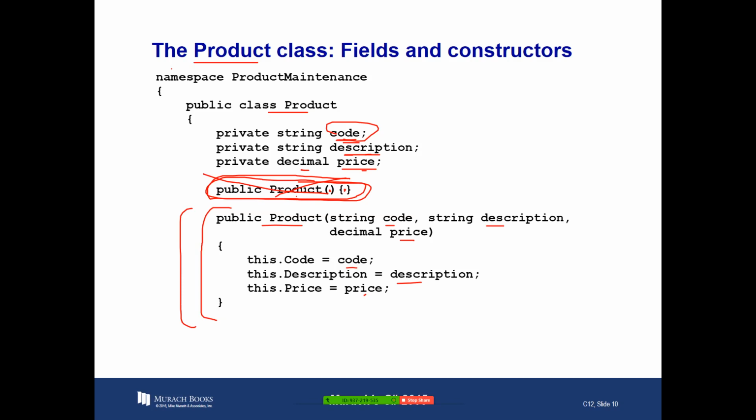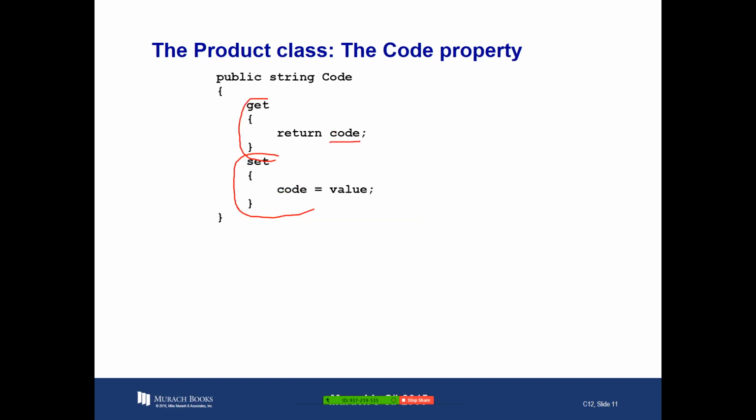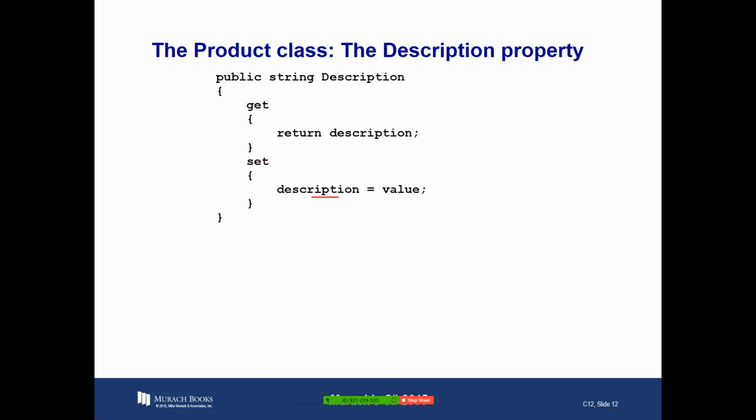So when you create a new instance of a product, a toy car or something, you may define the code, description, or price at the time you create the object. In that case, you wouldn't necessarily need set, but you would probably still need get.